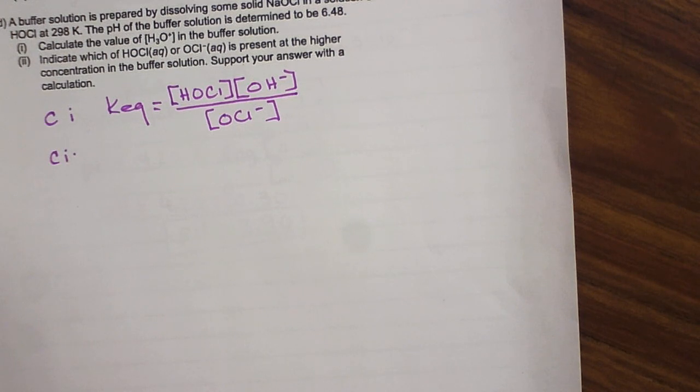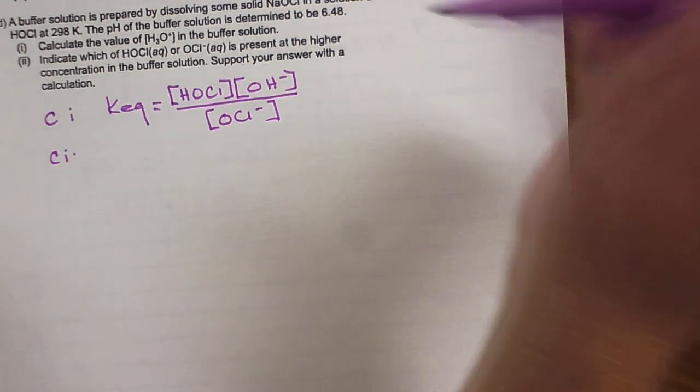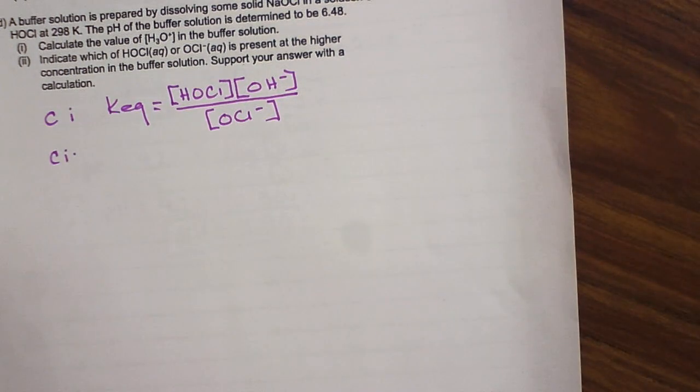So you're really looking for the Kb or the Ka, right? The equilibrium constant is a generalized term for Kb, Ka, Kw, Kd, K whatever. So which one are we looking for here? Look at the equation. What are you looking for?